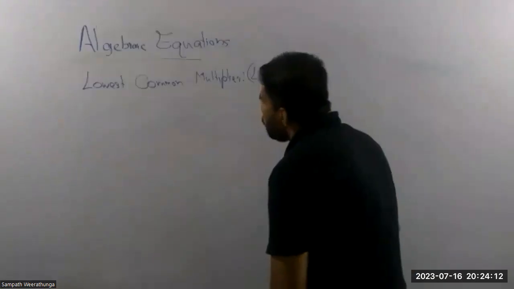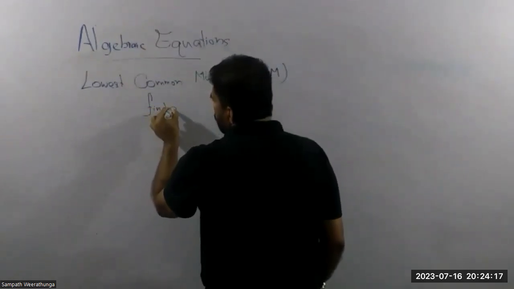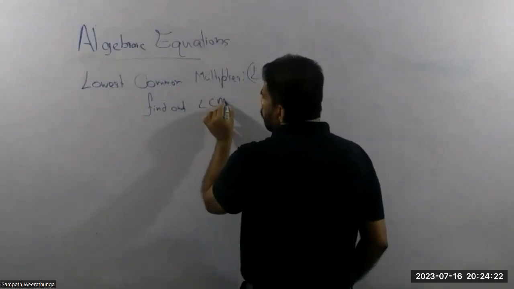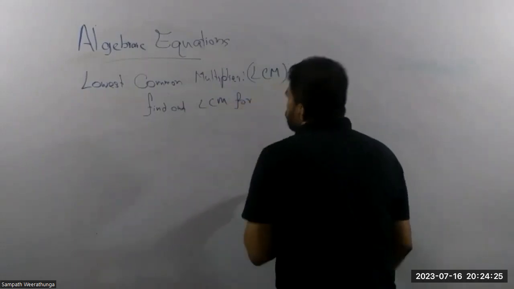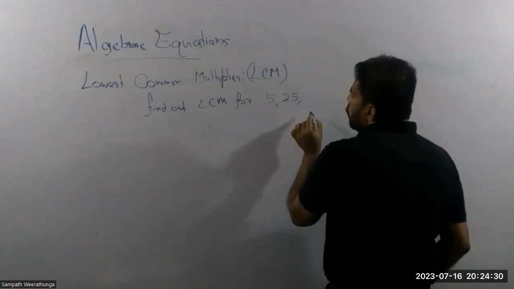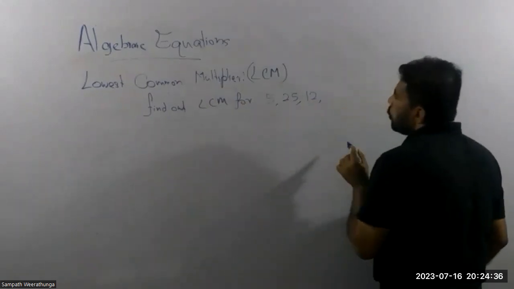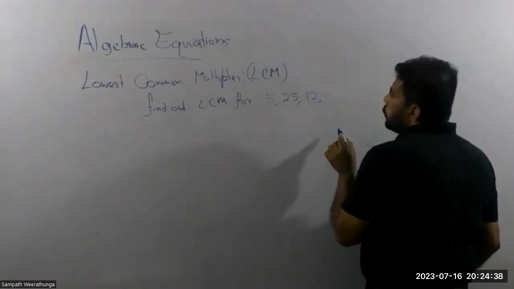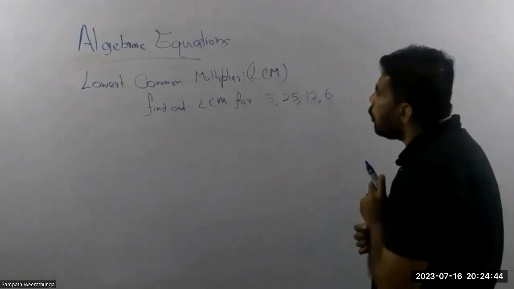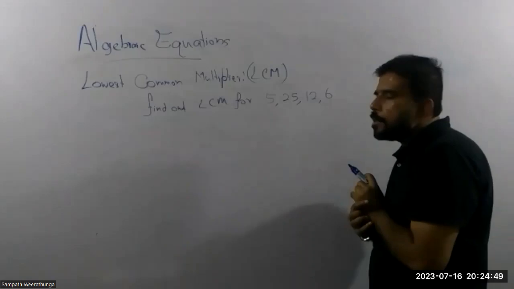For example, let's find the lowest common multiplier for 5, 25, 12, and 6. We are asked to find the lowest common multiplier for 5, 25, 12, and 6.